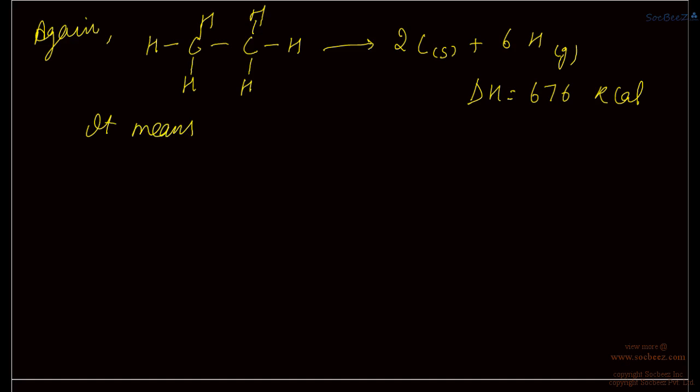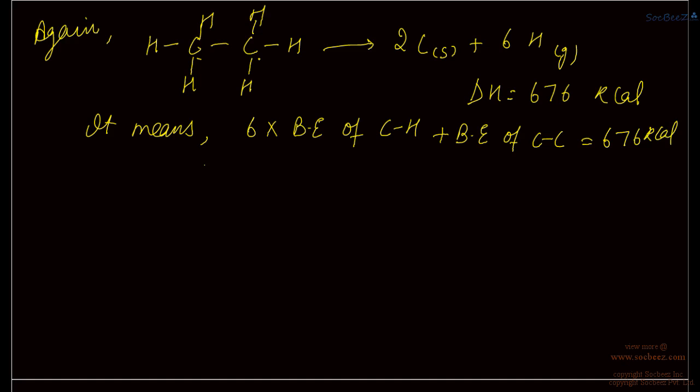Therefore, similar to the first part, 6 into bond energy of C-H, because 3 bonds are on this carbon and 3 bonds are on this carbon, plus bond energy of C-C equals 676 kilocalorie.